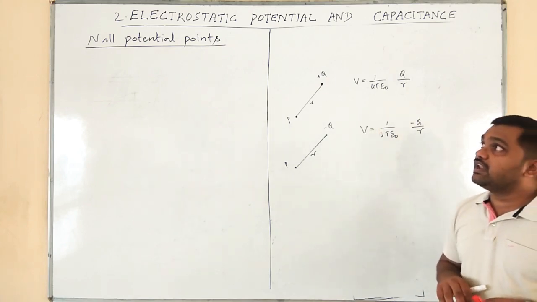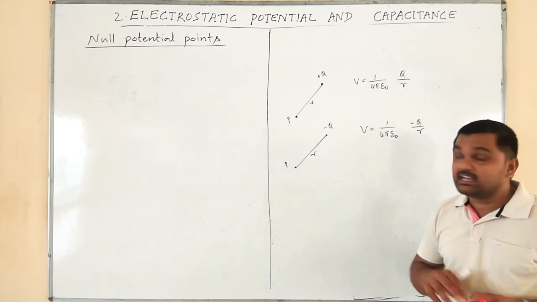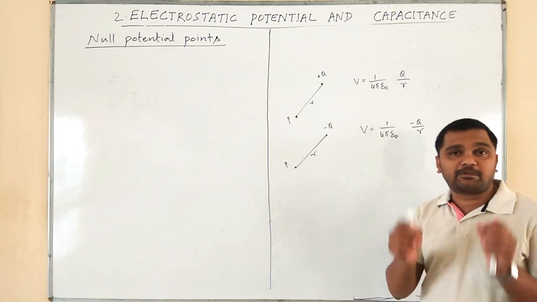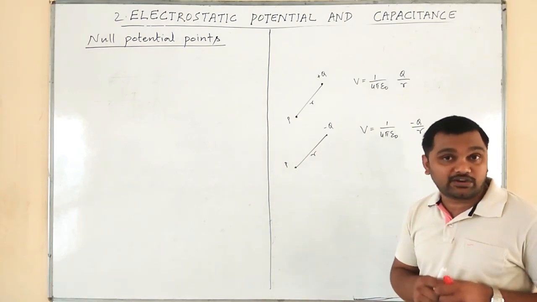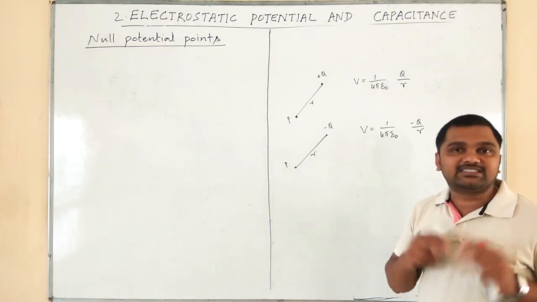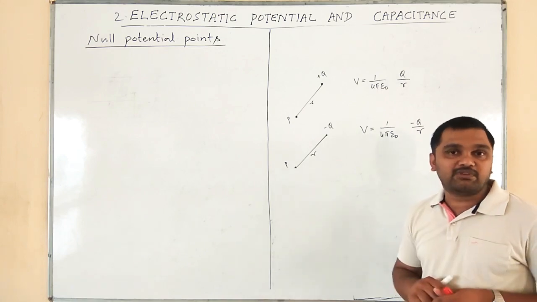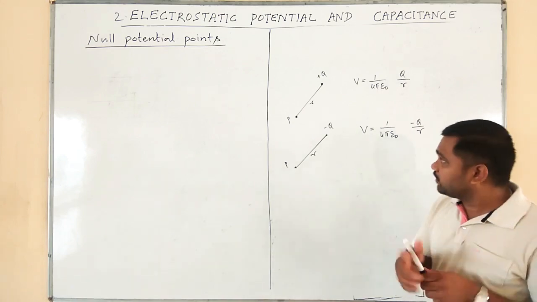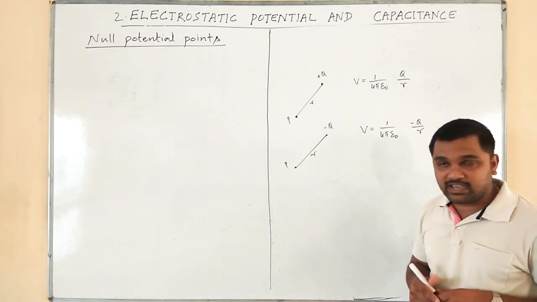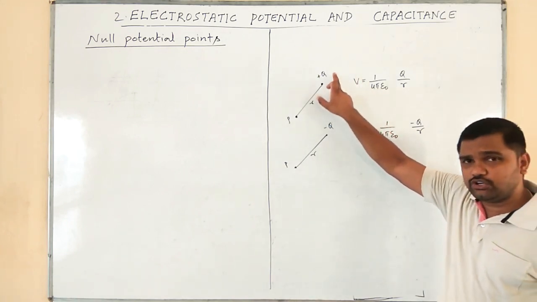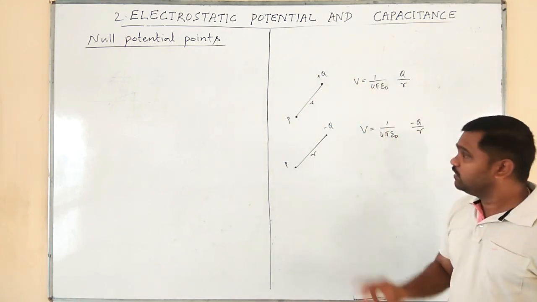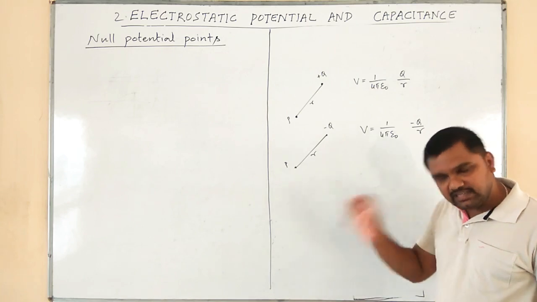Therefore, null potential points are possible only in case of two unlike charges. It is not possible for like charges because of this reason. Potential due to a positive charge is positive, potential due to a negative charge is negative.